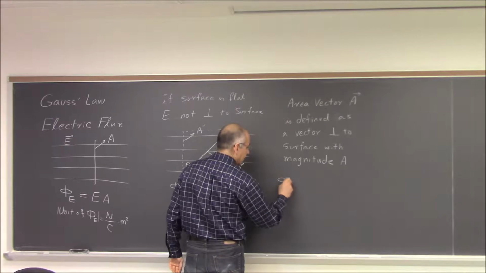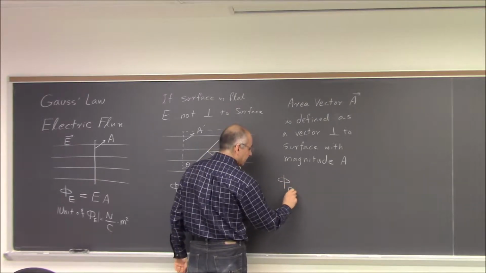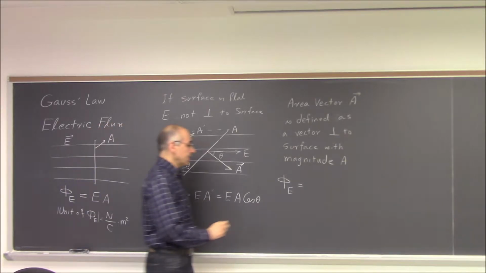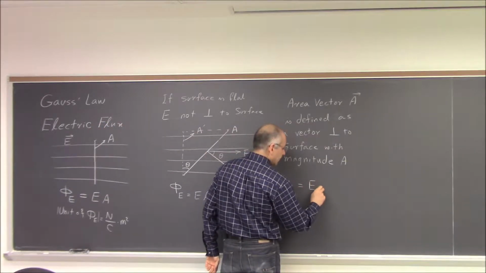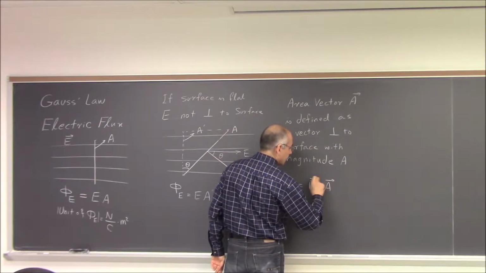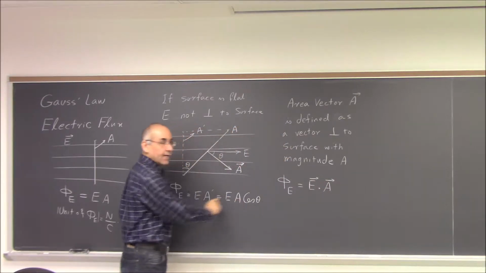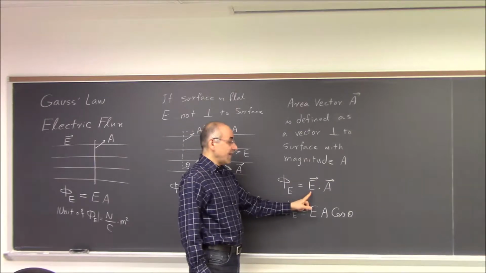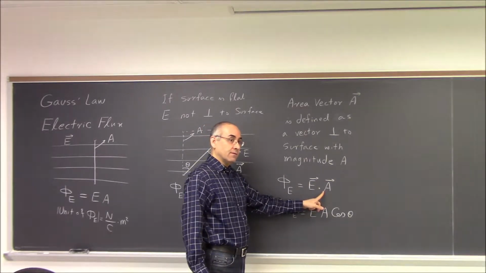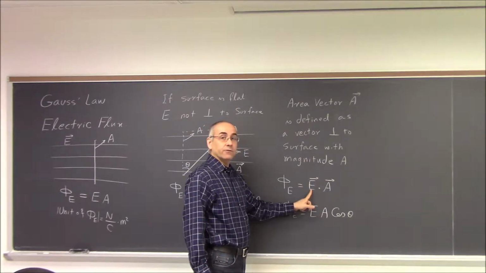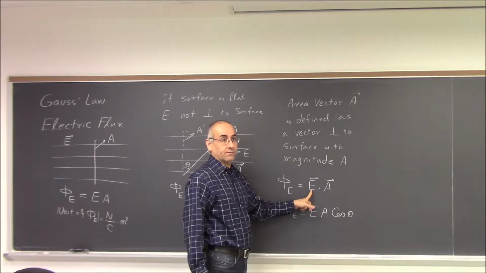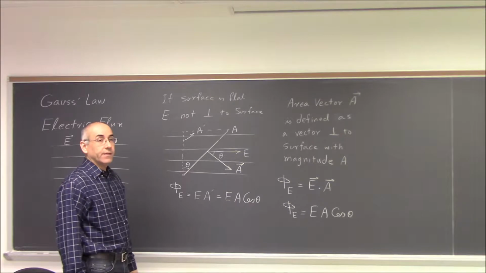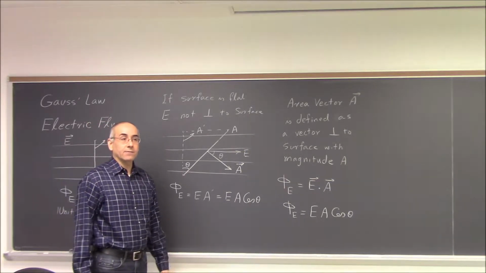So in terms of this area vector, the phi can be simply written as E dot A, which is E times A times cosine theta. Remember that this is all for a flat surface with area A and uniform electric field. Now, what if the electric field is not uniform and the surface is not flat?